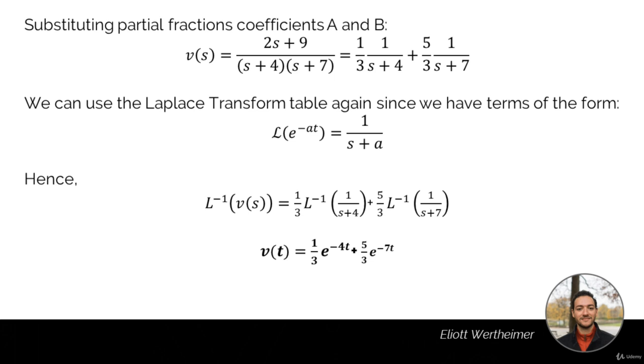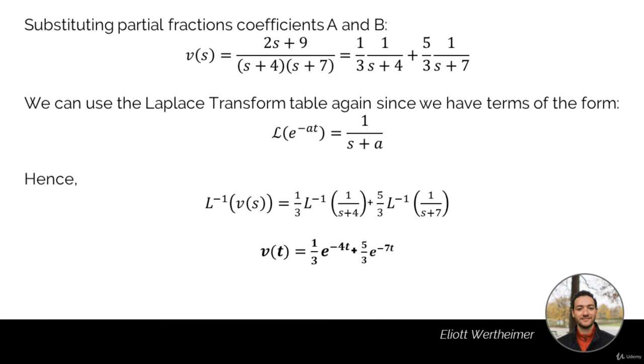So we just take the Laplace transform and reverse it. We can apply that to the equation for Vs. You can use linearity properties to make it even easier. So you can put the 1/3 out, put the 5/3 out, as well as apply the Laplace transform one by one on each term of the sum. So once on 1 over s plus 4 and then once on 1 over s plus 7.